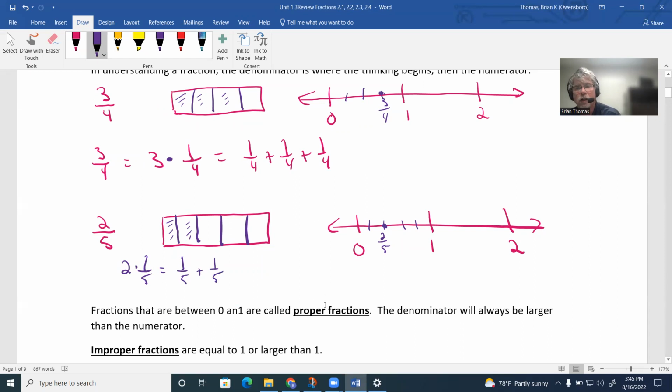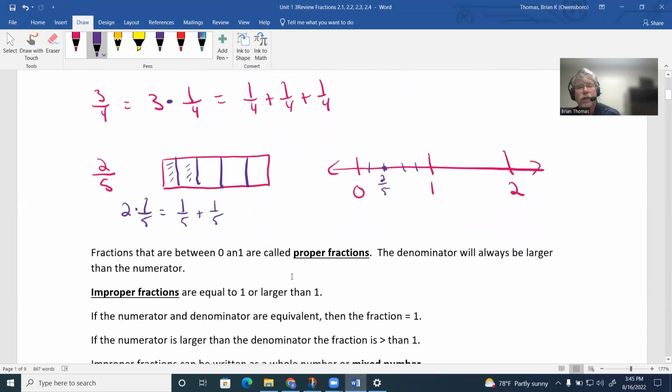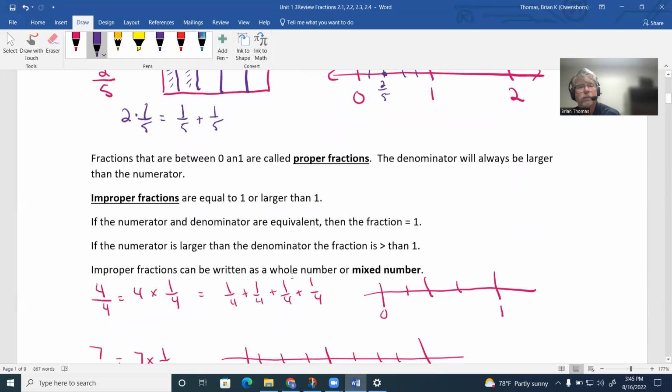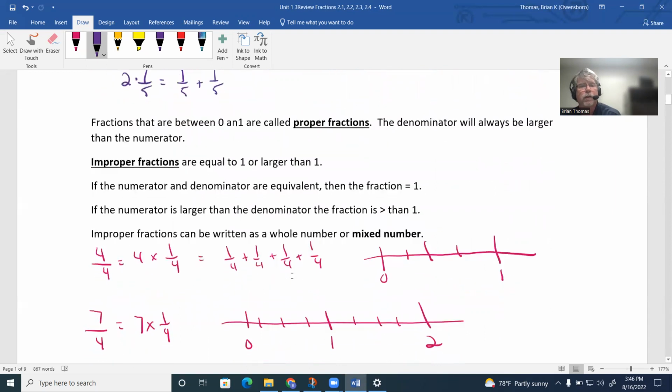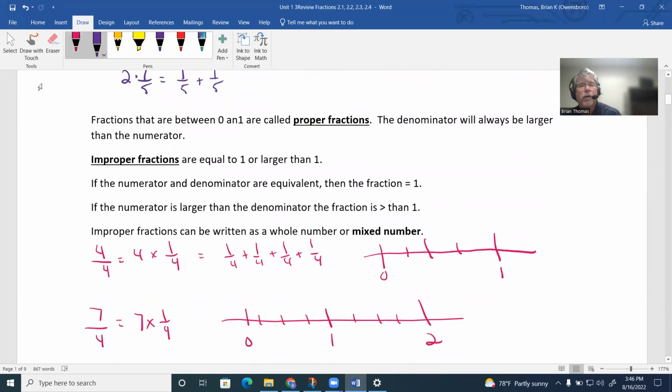So fractions carry a lot of power in their notation to communicate a value. Some vocabulary we're getting into: fractions that are between 0 and 1, we have a special name for those. We call those proper fractions. The denominator will always be larger than the numerator in this situation.